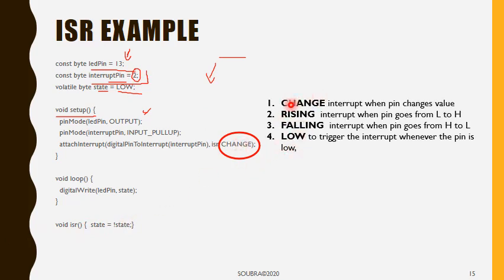We can either go for the change as we talked, or we can create an interrupt whenever there's a low to high transition, or high to low, or whenever we have something going on low. And these are the options that are available to you from the people who created this function. And remember, this is a high level Arduino C function created by people who dealt with the library. Of course, you can deal with your own and use embedded C to create your own. Deal with them in a way or another.